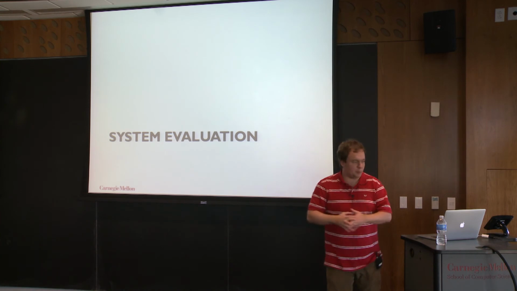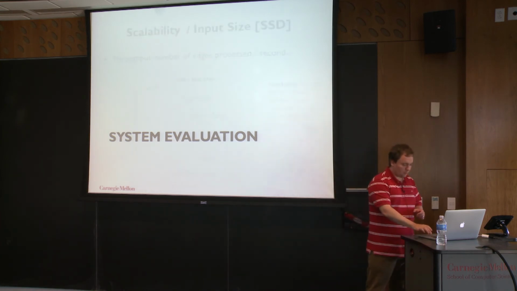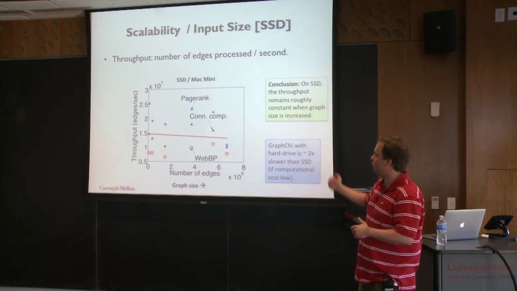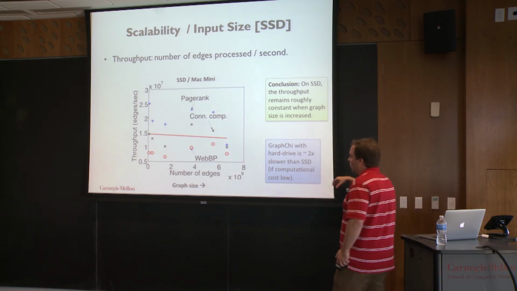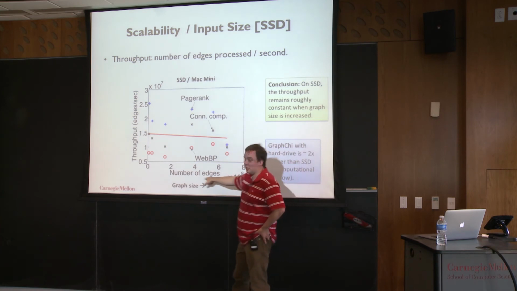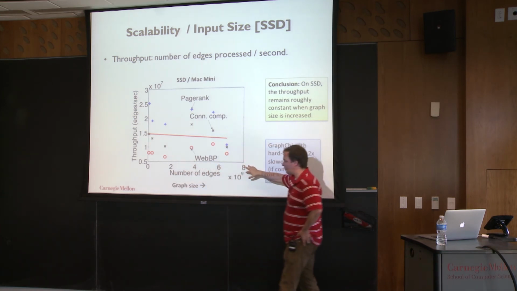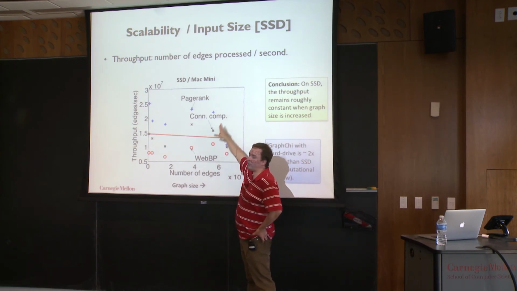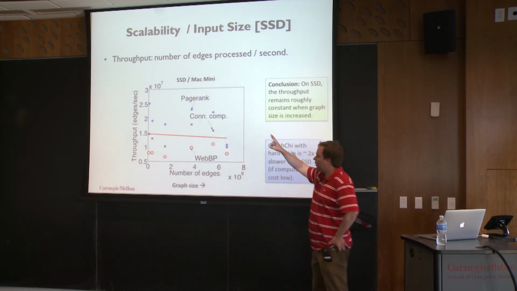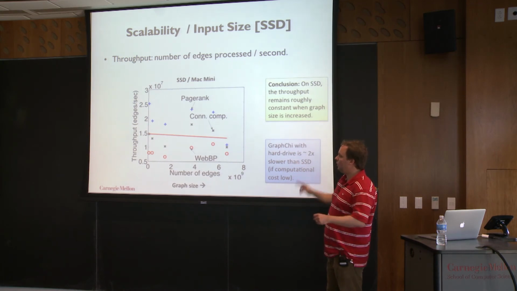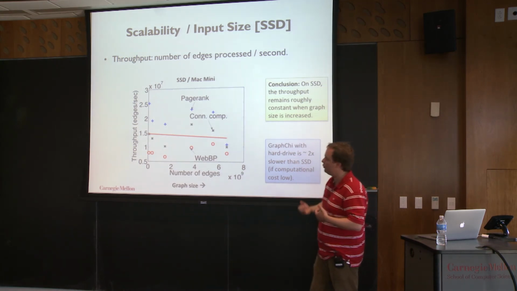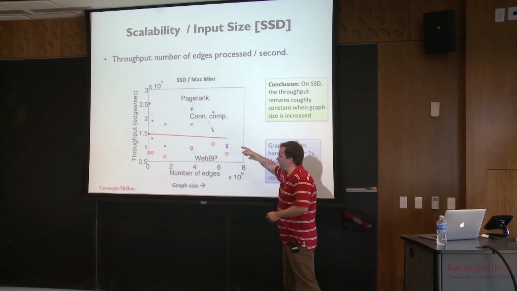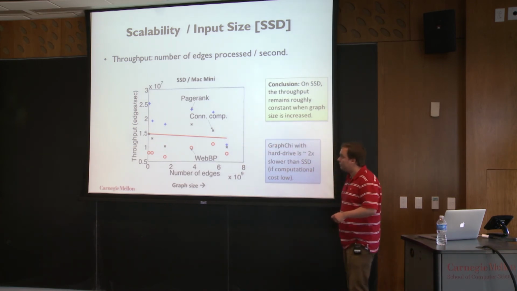Let's evaluate the system a bit inside. So first thing we want to analyze is how well does it actually scale to big problems? Here on the x-axis, we have the graph size, which is defined as the number of edges the graph has. And these dots are different experiments we made. On the y-axis, we have the throughput, which is how fast it computes, so how many edges it passes per second. And the red line is a least squares fit to this data.